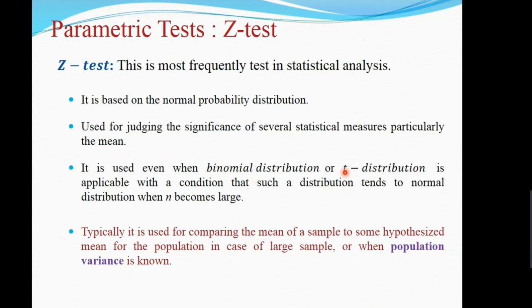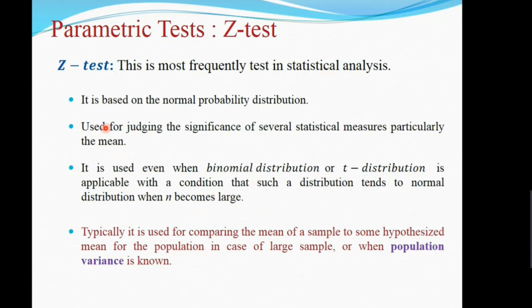Sample size means the number of data points. If the number of data is too large, the distribution tends to normal distribution, and then also we can apply Z test. So always remember, normal distribution is the key role for Z test.